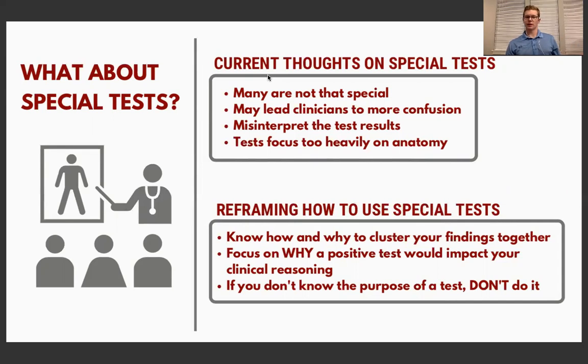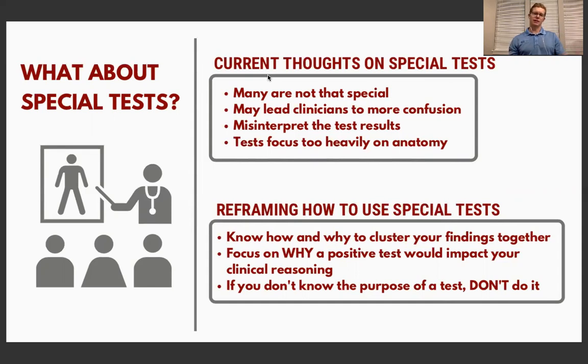On that note, special tests make it very easy to misinterpret the test results. If you're testing something for the biceps and then they have pain in the shoulder region, we can be quickly led to think that it's the biceps, where the test, because of its low diagnostic accuracy, gives us a false positive, and then we misinterpret and actually provide a wrong diagnosis.